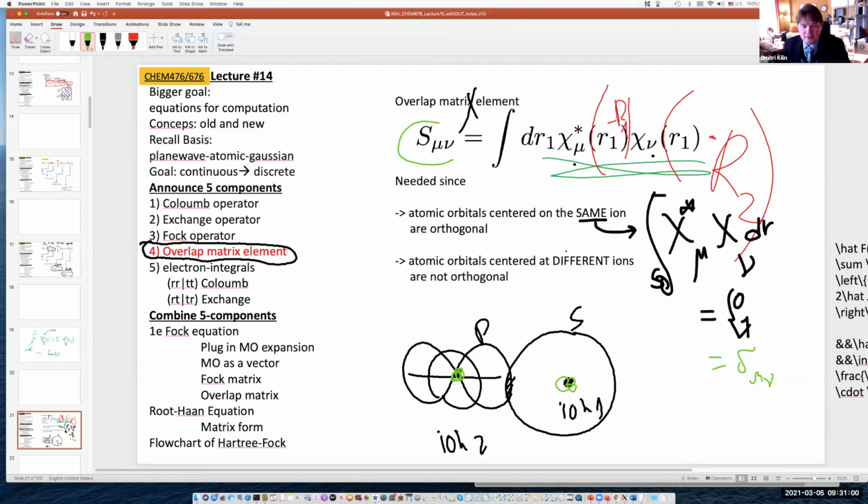So if they overlap a lot, then it will be close to 1. If they overlap in a tiny area, then it will be a number between 0 and 1, something like 0.01 or whatever.